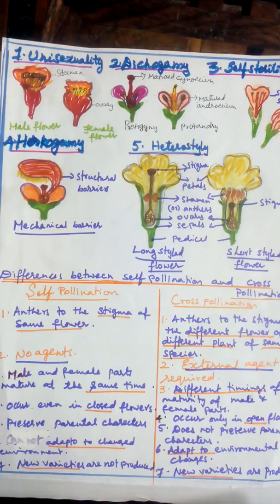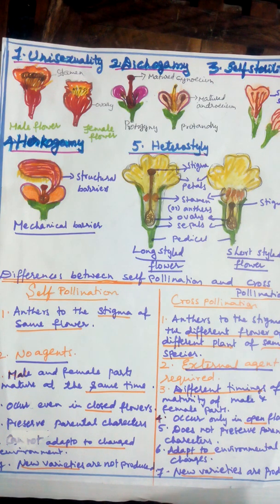In self-pollination, male and female parts mature at the same time. In cross-pollination, the male and female parts, namely anther and stigma, mature at different times. This condition of male and female parts maturing at the same time in self-pollination is called homogamy.